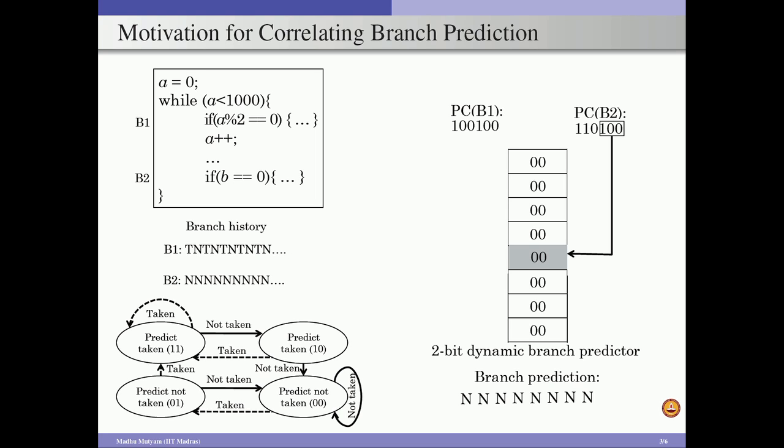If you do that, then we can improve the overall accuracy, but if you use the 2-bit dynamic branch predictor as it is, then we may not get a significant accuracy because of the interference with the other branches, because here B1 and B2 are mapped to the same dynamic branch predictor, and as a result of this interference, our overall accuracy is degraded.